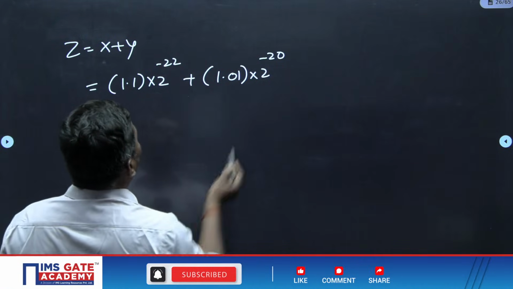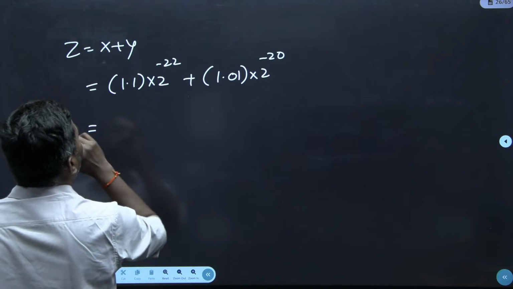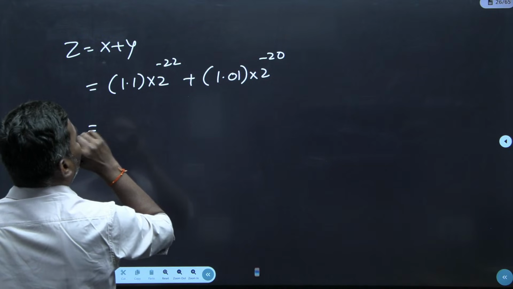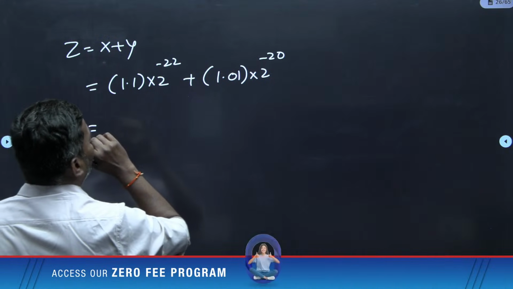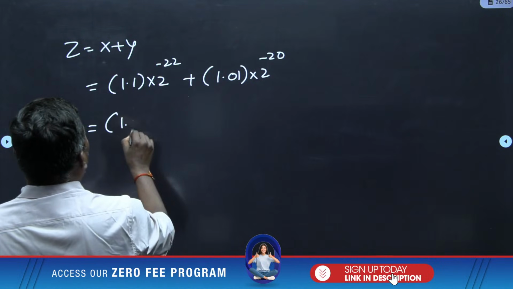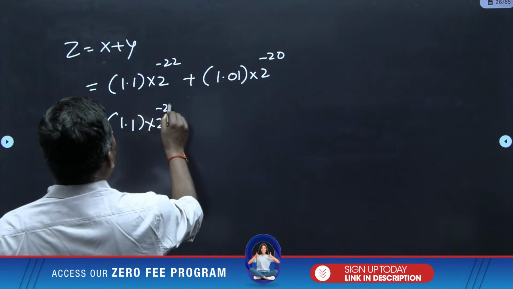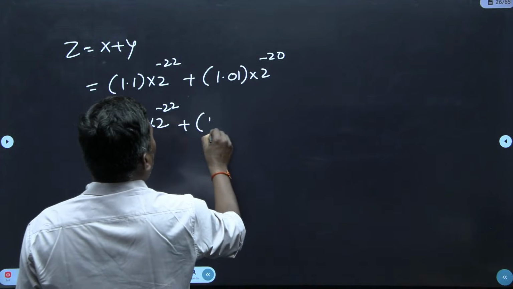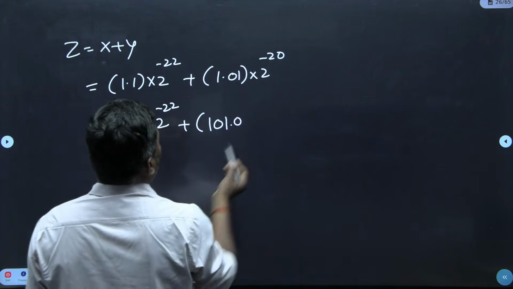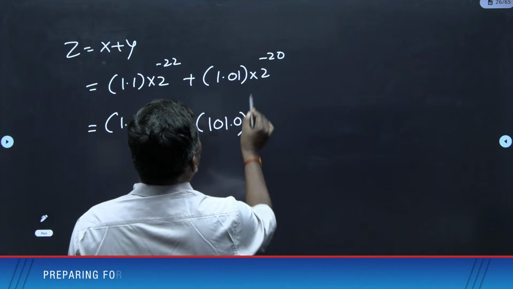Let me shift this part, because we have to make the exponents equal. So 1.1 times 2 to the power of minus 22 plus 101.0 if I take it like this; I'm right shifting.